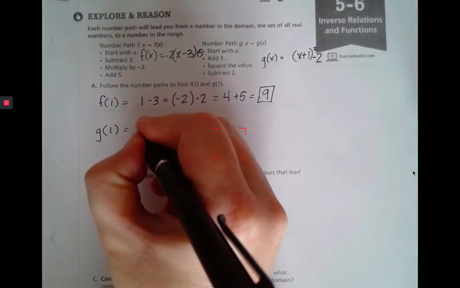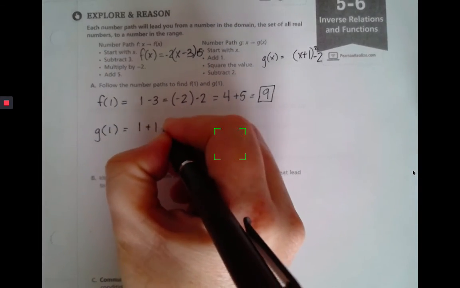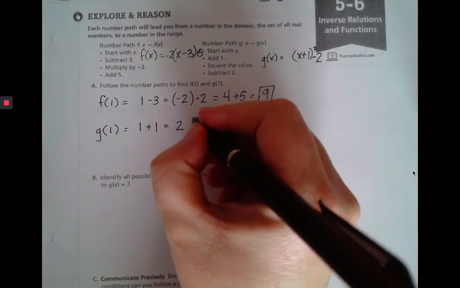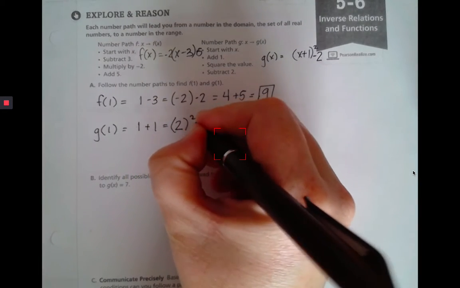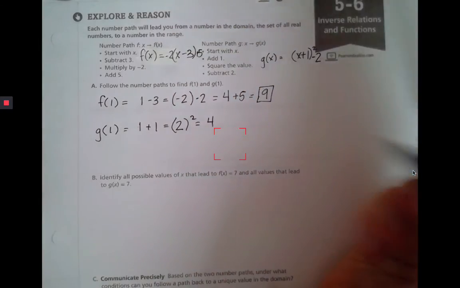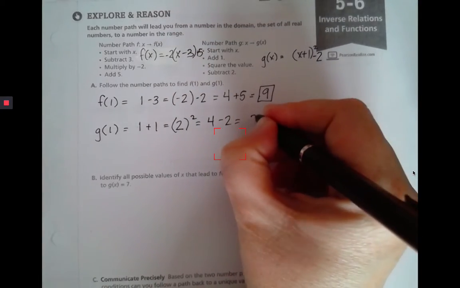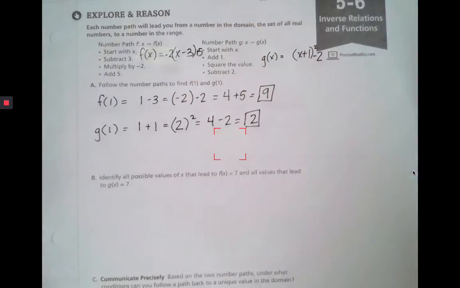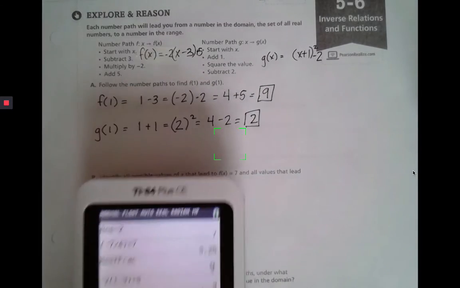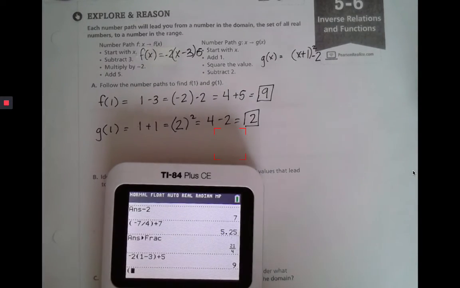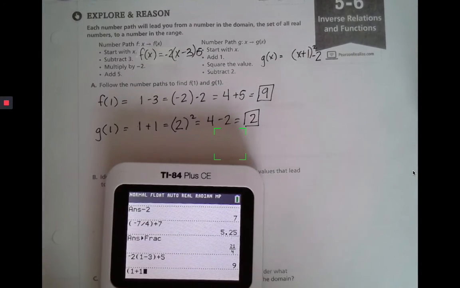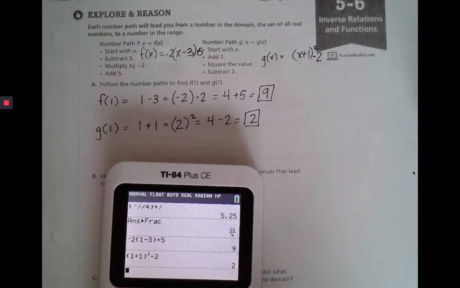Start with x, or 1, add 1, so that's 2. Square the value, so 2 squared is 4, and then subtract 2 would be 2. So g of 1 should equal 2. Let's plug it into my equation. And it does.